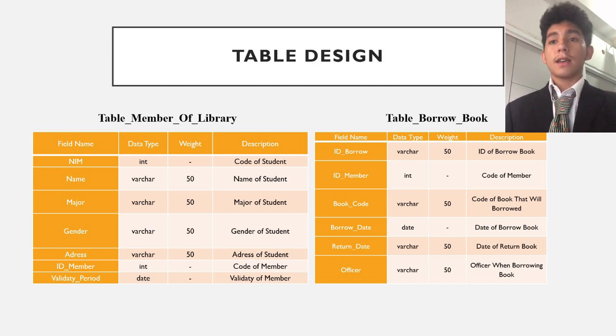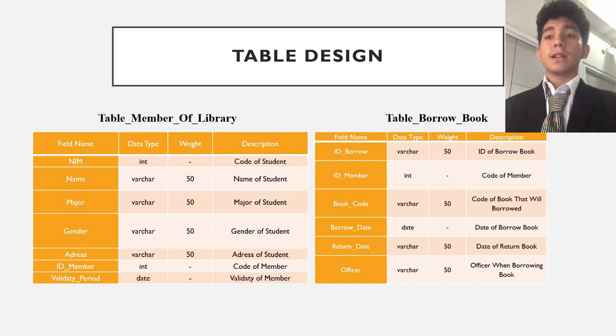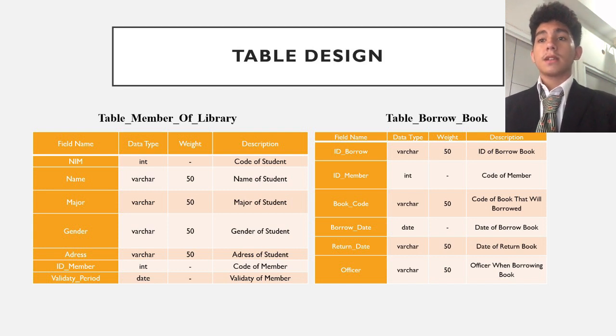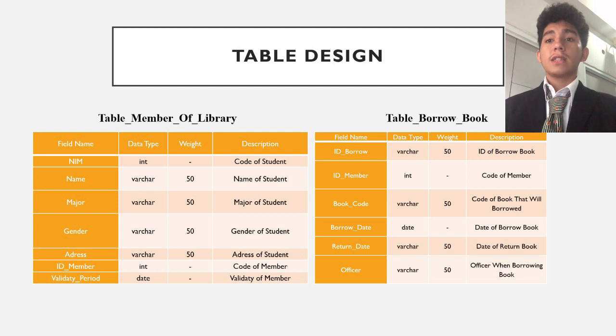Gender, data type is varchar, weight 50, description, gender of student. Address, data type varchar, weight 50, description, address of student. ID member, data type int, weight strip, description, code of member. Validity period, data type date, weight strip, description, validity of member.